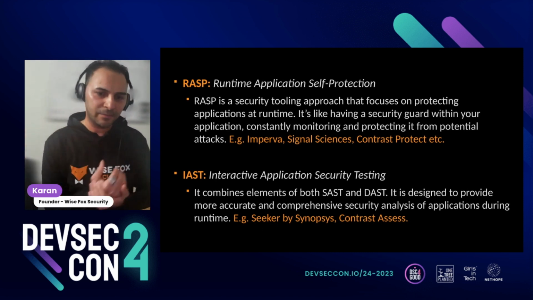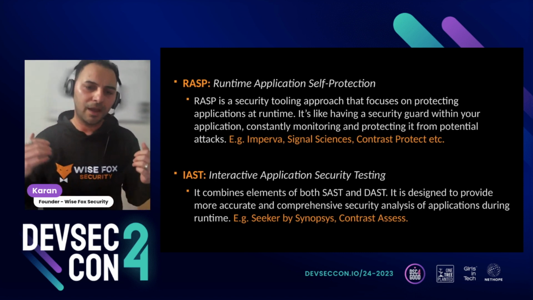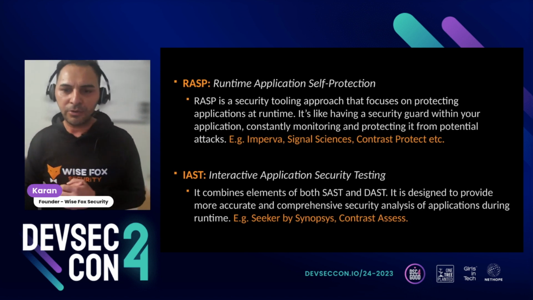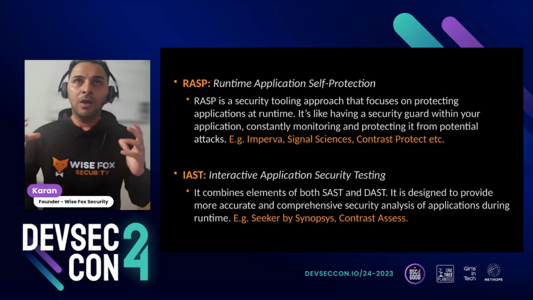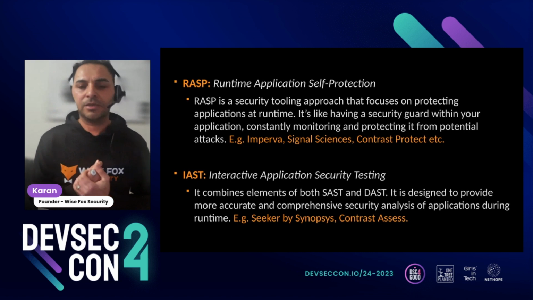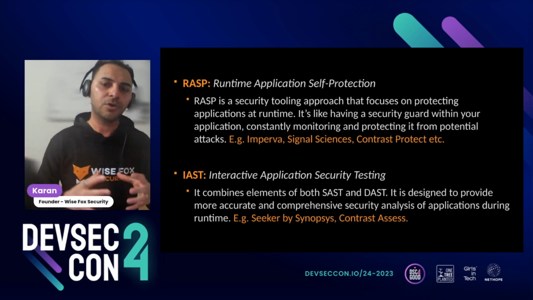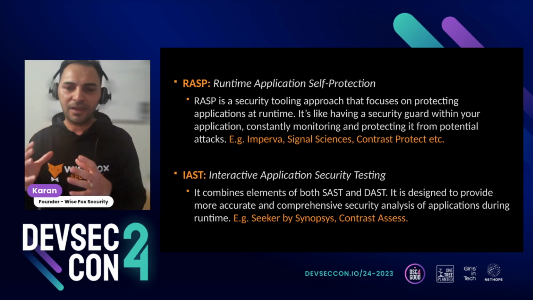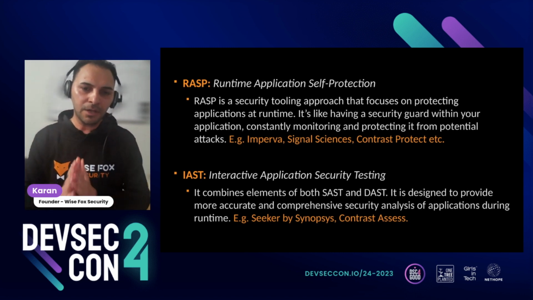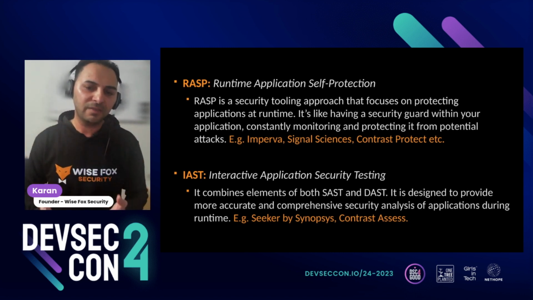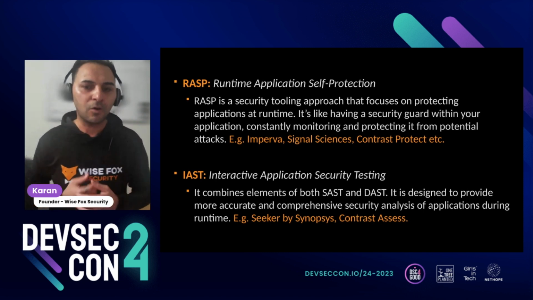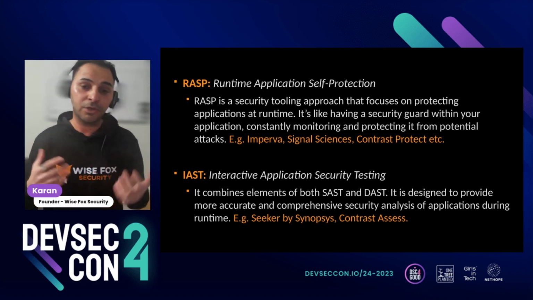And the next buzzword that we hear is Interactive Application Security Testing. With IAST, what we're trying to do is take all the pros of SAST and DAST and combine them together to get a more comprehensive analysis of your application's security posture.